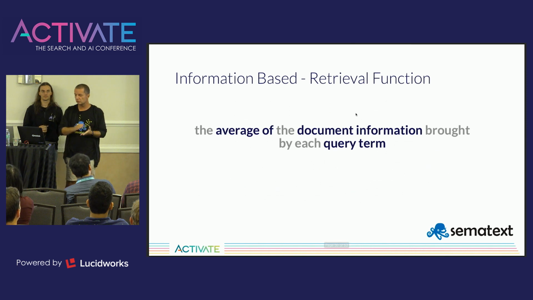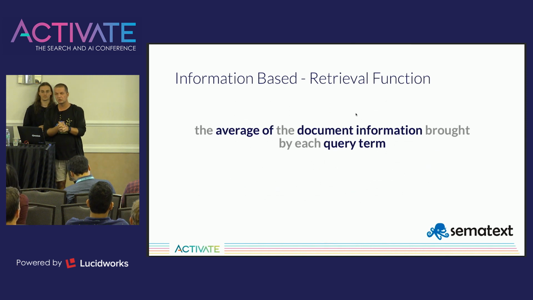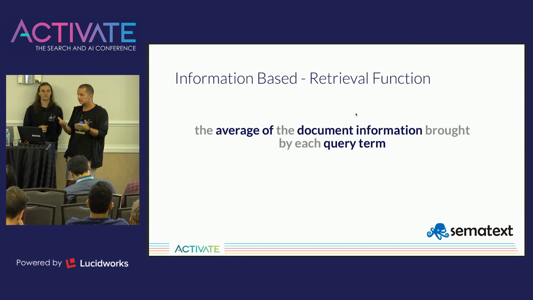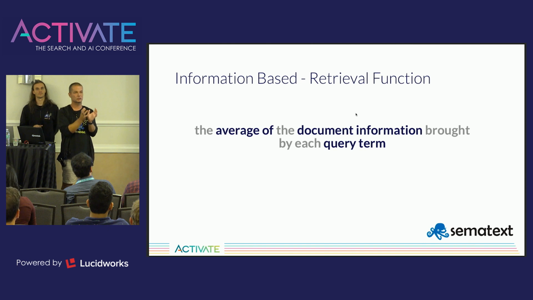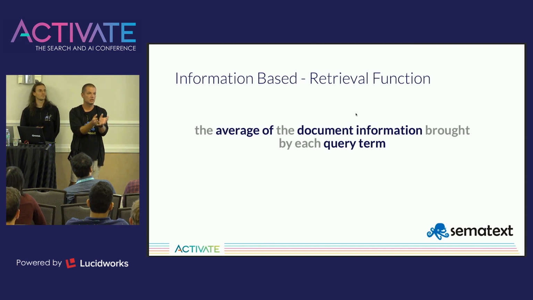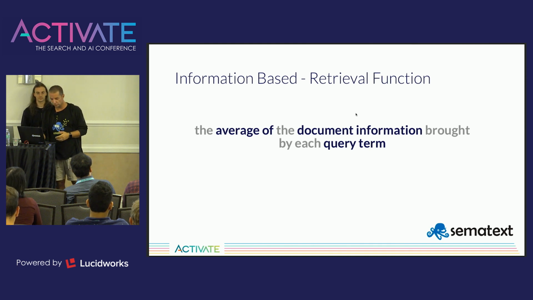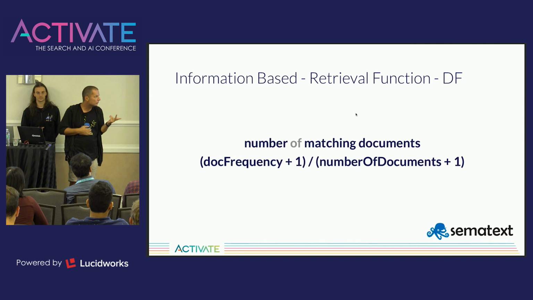And those retrieval functions also tell us the average of the document information by each query term. So it takes the term and answers the question, okay, how much information about the document that was found is actually brought by that term for the score. And we have two of those. First is the DFs.